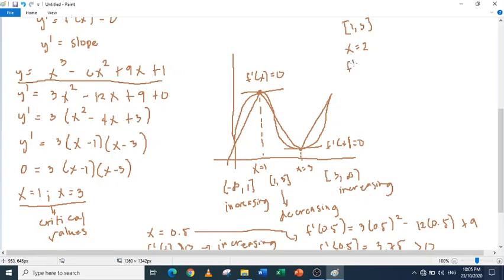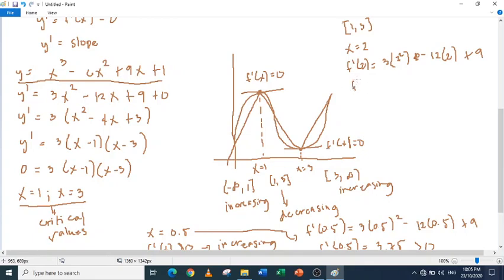So f prime of 2 is equal to 3 times 2 square minus 12 times 2 plus 9.